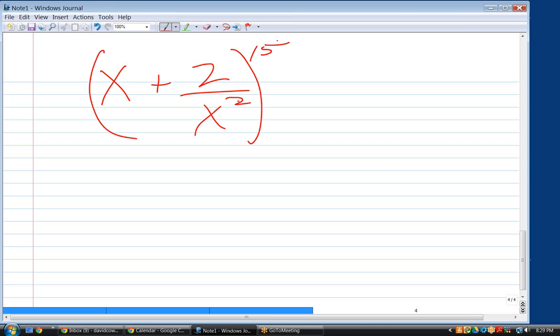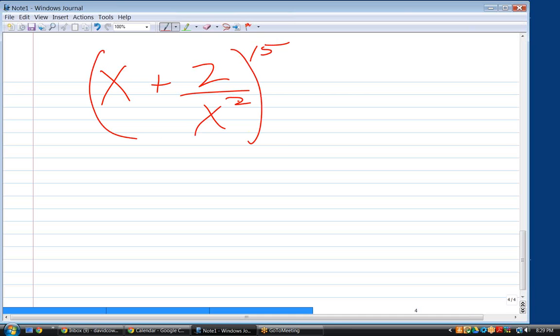It wants you to find the constant term in the expansion. Of which term? It doesn't say, it just says find the constant term.